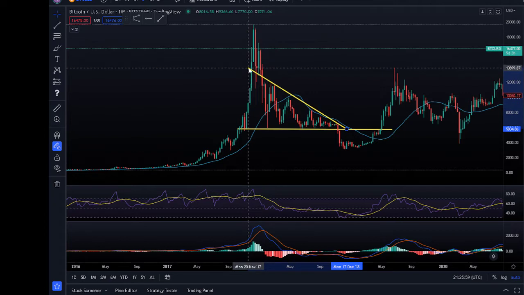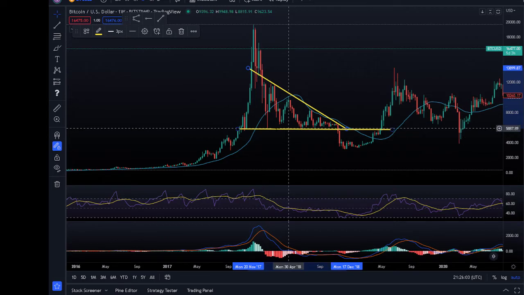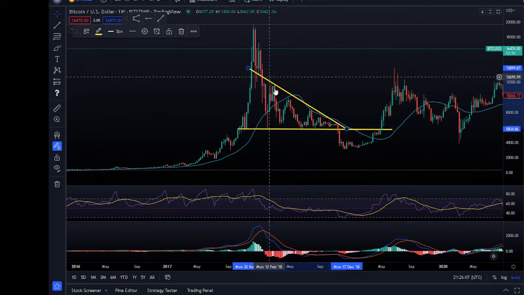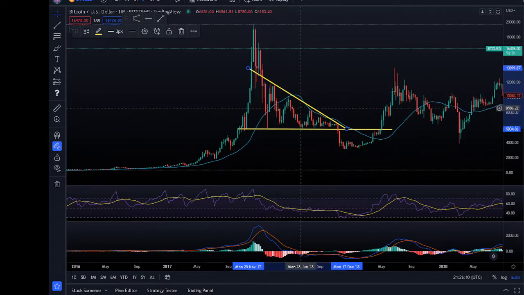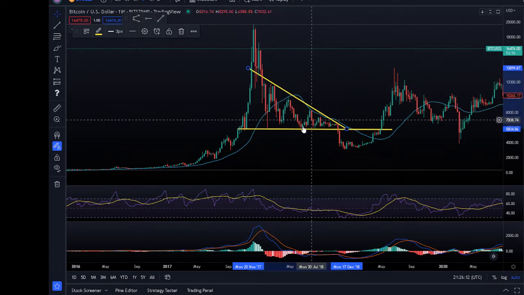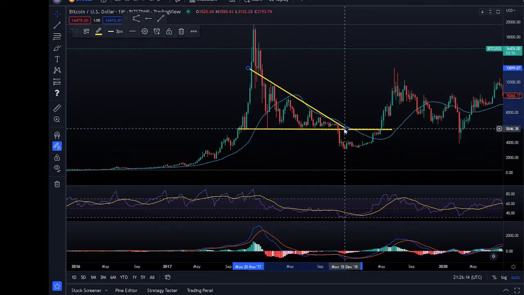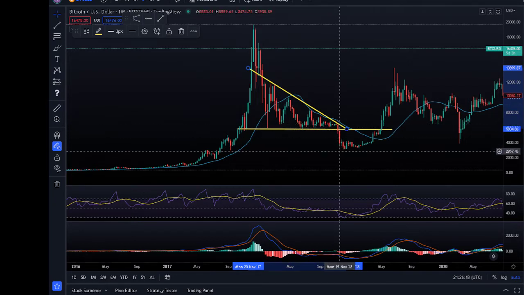But this was pretty textbook of a descending triangle where you have a flat line of support, which was the $6,000 range, and you kept making lower highs as you were testing this downward sloping trend line multiple times. And it really went all the way to the end of this pattern to break down.